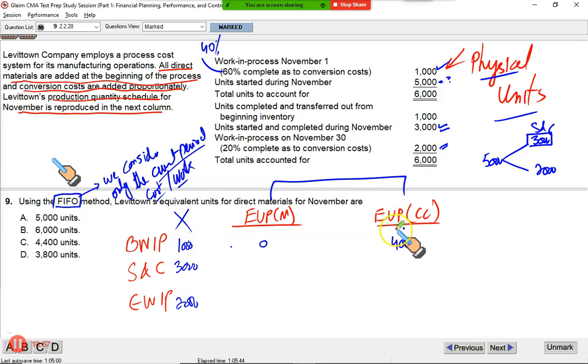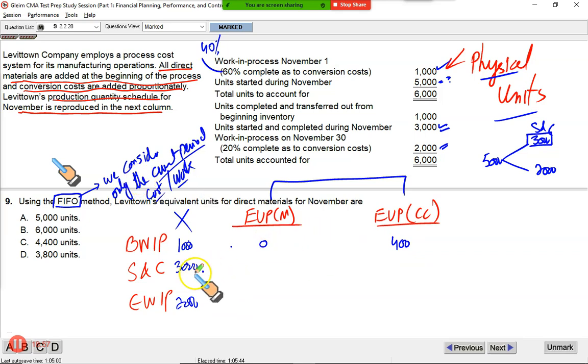Physically they are 1,000 units actually existing at the beginning of work in process. But hypothetically, we worked only up to 400 units because 60% work was already done. Under FIFO, we take only current cost. So current cost added was only 40% of 1,000, that is 400. No material was added under the current period, 0.